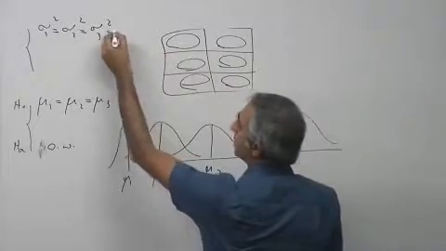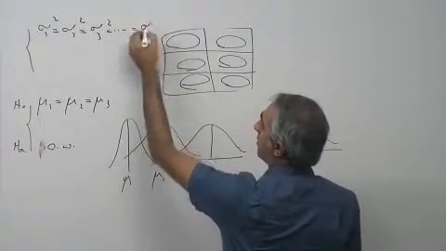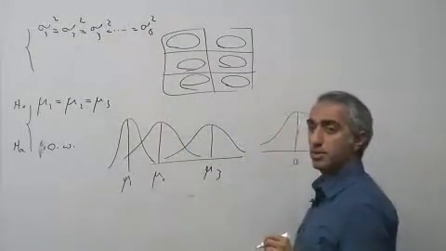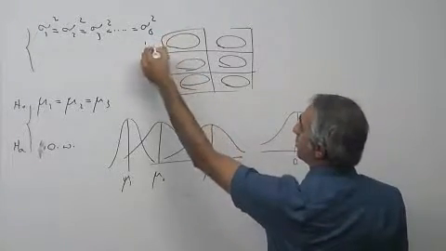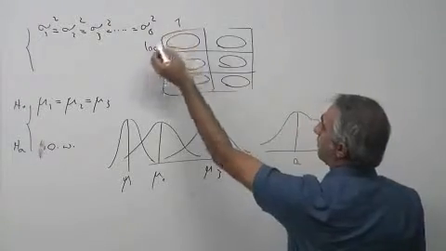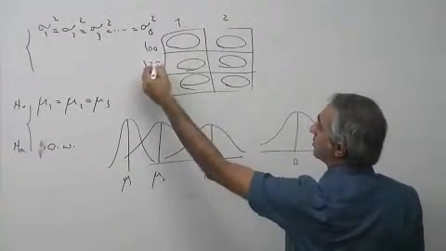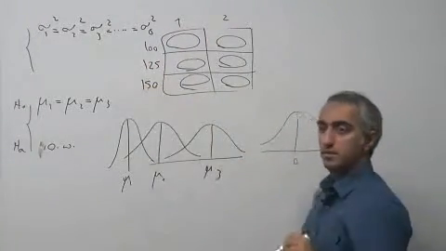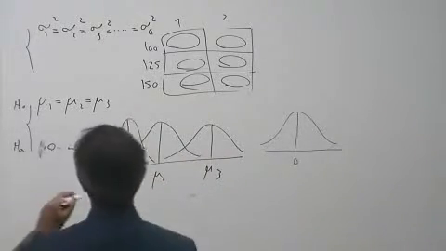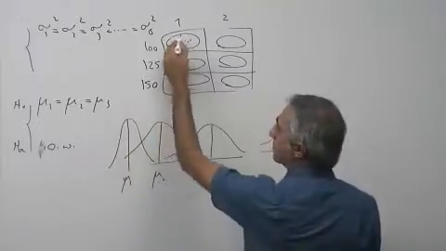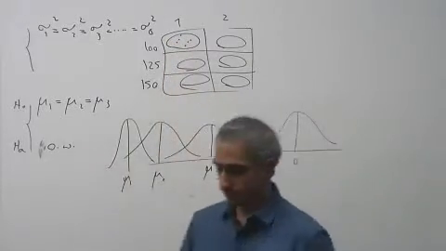So what we are doing is checking whether all variances are the same for each combination. This combination means 100 and type 1, type 2, 125, 150. And inside that you have replications. Okay?